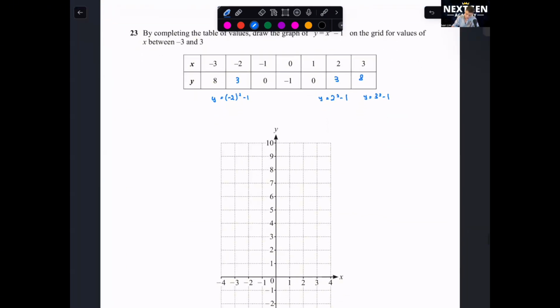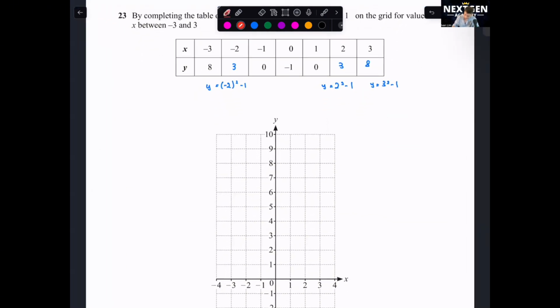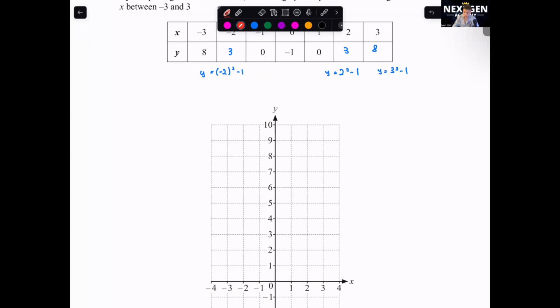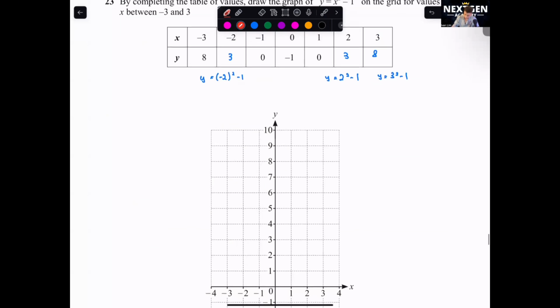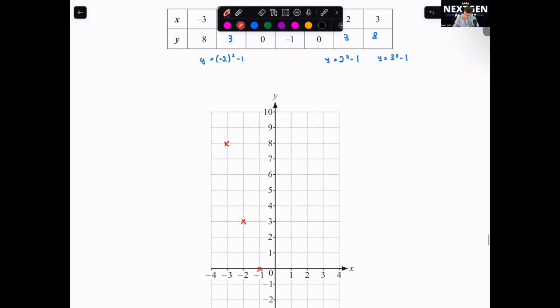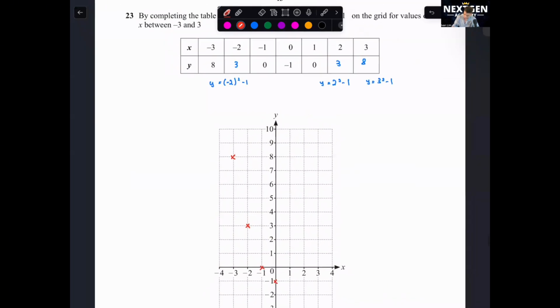Now, we plot it out on the graph. (-3, 8). Again, when you plot points on the graph, don't use a dot. I want you to use an X like that, so it's easier for you to see when you draw out your line. (-2, 3), (-1, 0), (0, -1), (1, 0), (2, 3), and (3, 8). Then join.